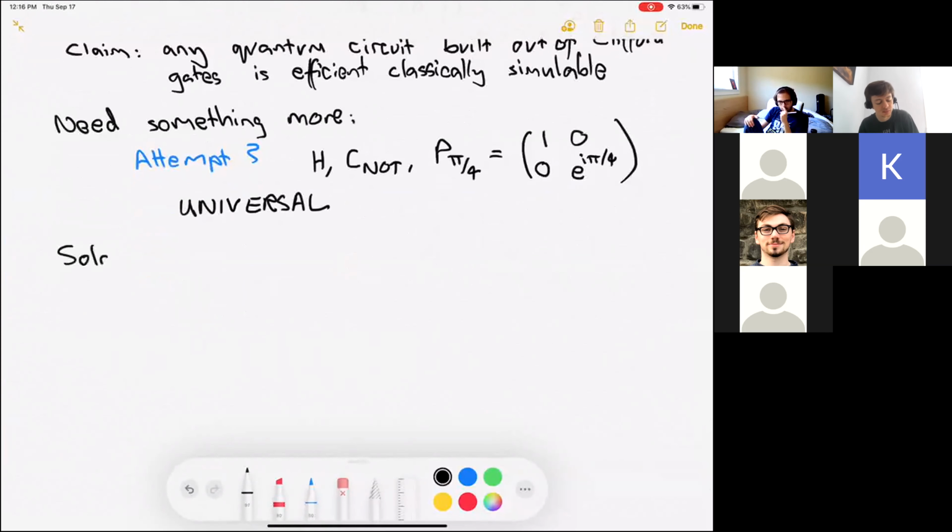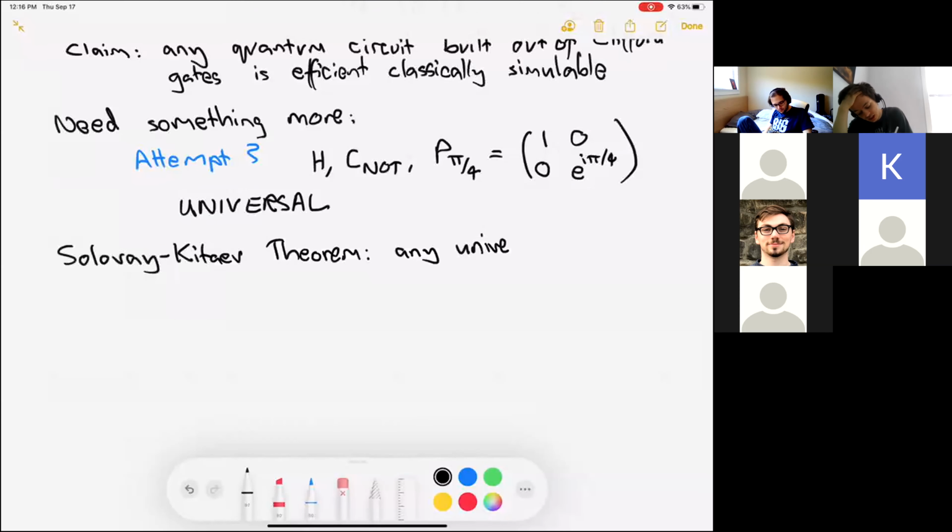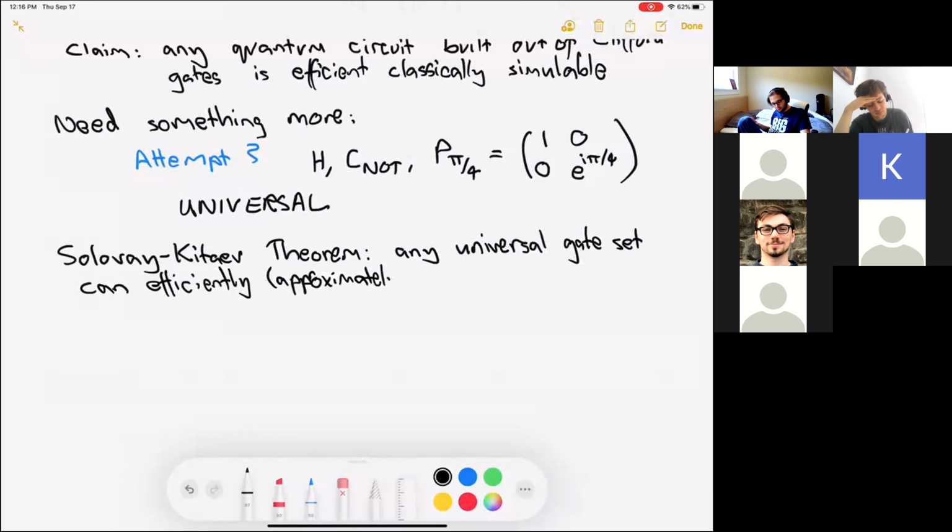There's actually a theorem, moreover, called the Solovay-Kitaev theorem, that says any universal gate set of this form, i.e. with everything acting on a small number of qubits, can efficiently approximately simulate any other.